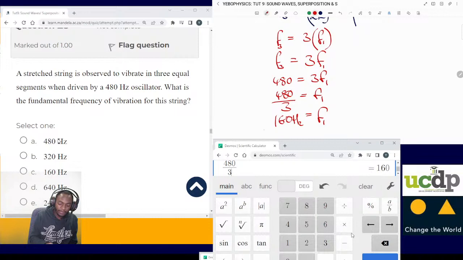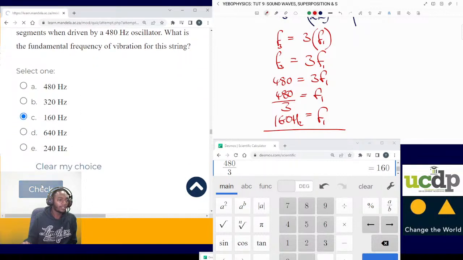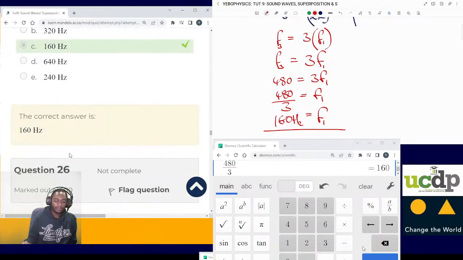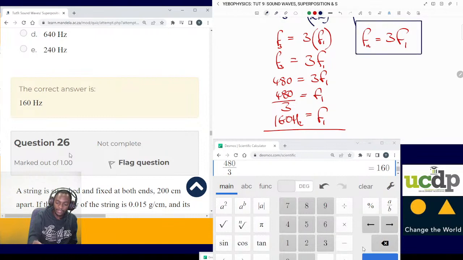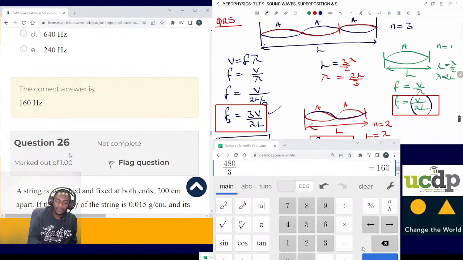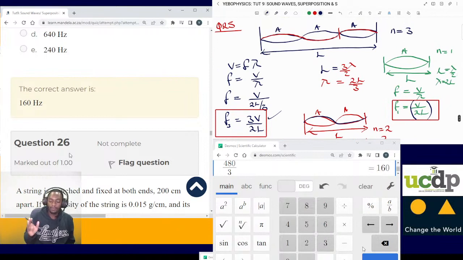And definitely we expect the fundamental frequency to be lower. Do we have 160? Yes. So the general equation is Fn equals nF1, and I've tried to show where this relationship comes from, looking at different modes, starting with F1, F2, and F3.